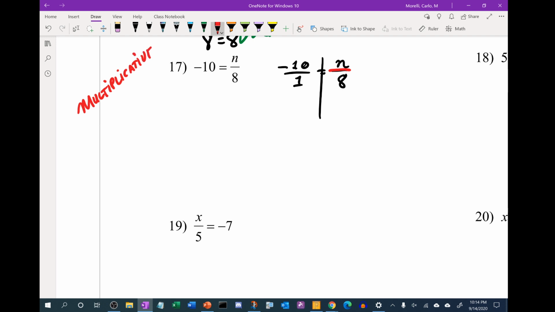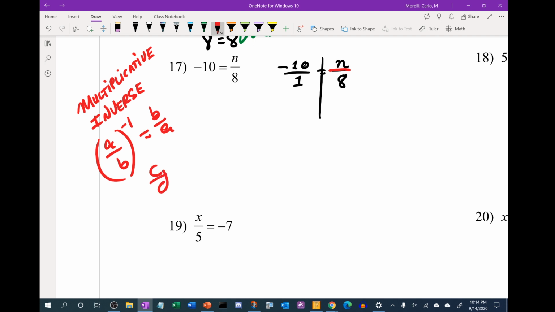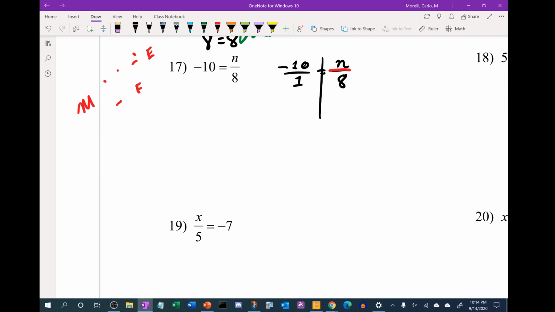This is an important term to know. If I have A over B, the multiplicative inverse of A over B is B over A. Y'all get that? So if I have C over D, and I want to take the multiplicative inverse, I get D over C. That's a really important concept. The concept of an inverse.